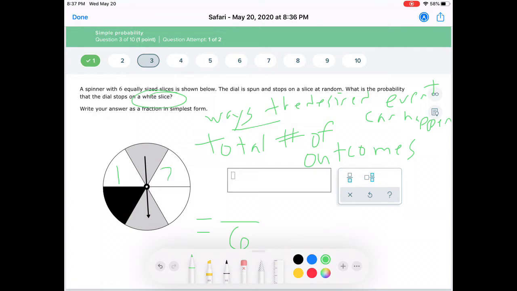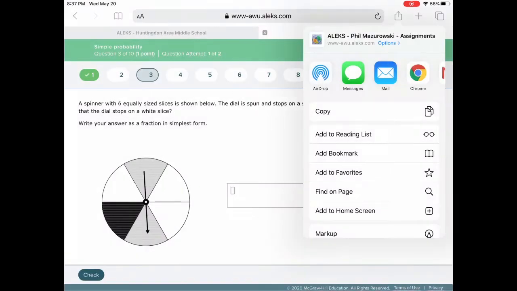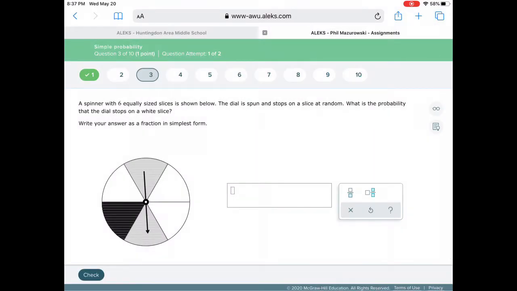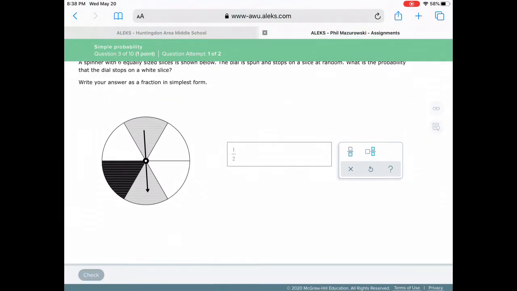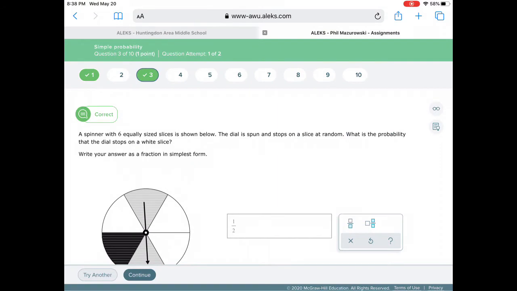There are 3 different white slices, so we have 3 ways that the desired event can happen, and 6 total outcomes. They want us to put this fraction in simplest form, so this would just end up being 1/2. I'm going to go ahead and put in that fraction, 1/2, and we'll move on to the next problem.